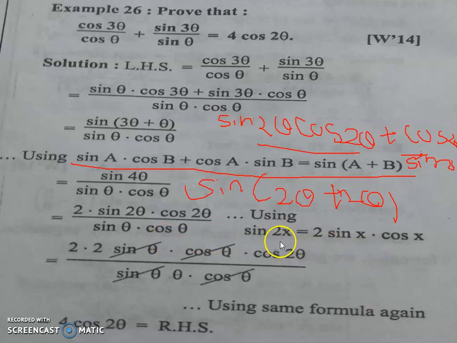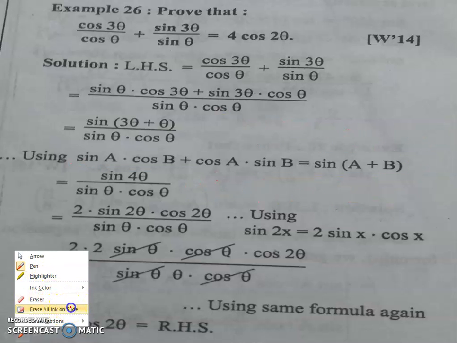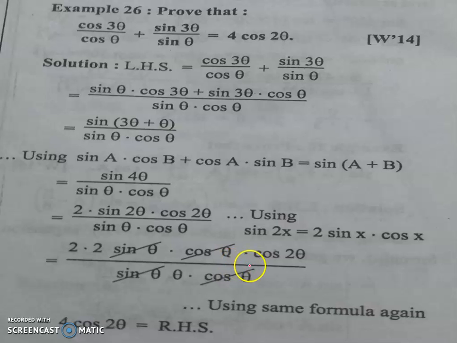So here we have to use sin 2x is 2 sin x into cos x. Again I establish this here. Here I again use sin x plus x.